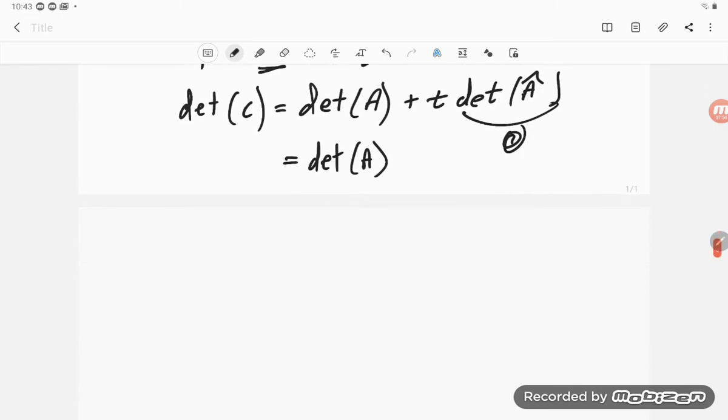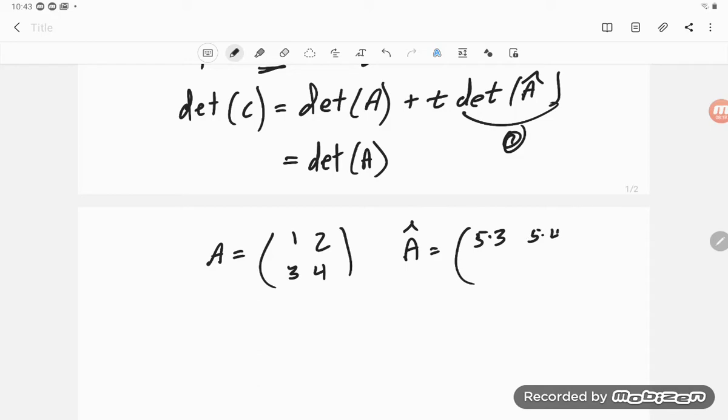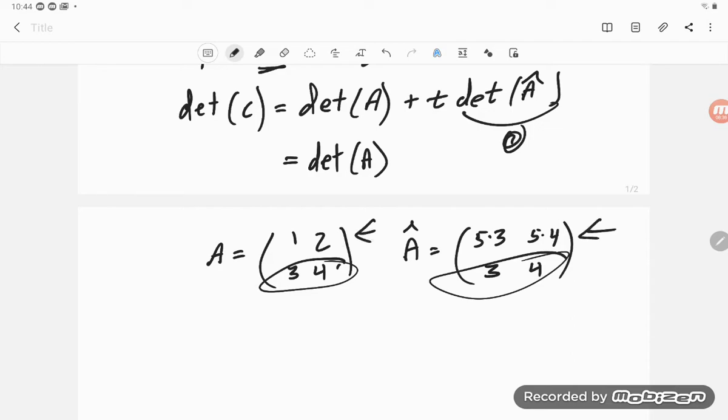So again, the idea here is that we started with some matrix A, 1, 2, 3, 4, and then we made a hat by taking something like 5 times 3 and 5 times 4, a multiple of the bottom row there, and then 3, 4, and we added those two things together to get our matrix C. But so, all other rows are the same, only these rows are different, whichever ones we're doing this with, and so we get to use our theorem to do this, and so the determinant doesn't change.